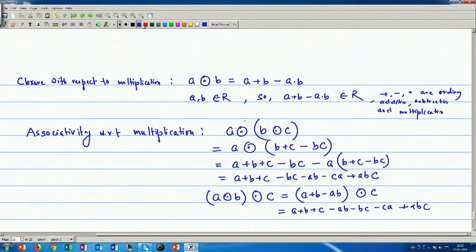So, we see that these two are equal. So, associativity holds.